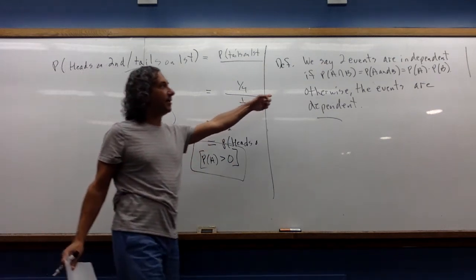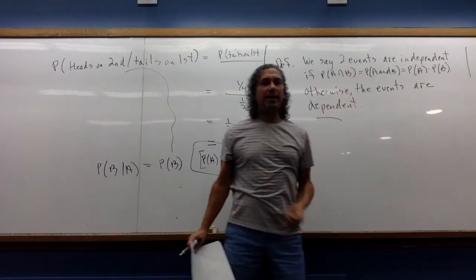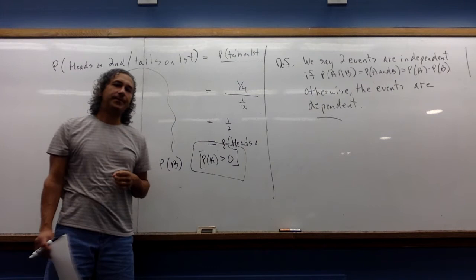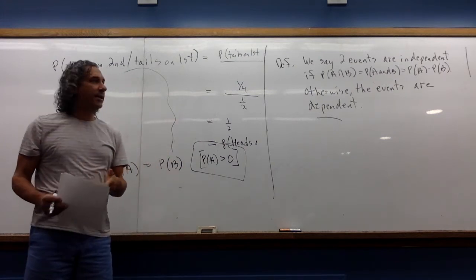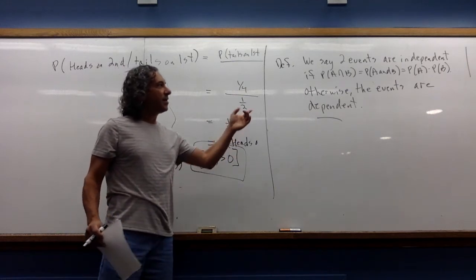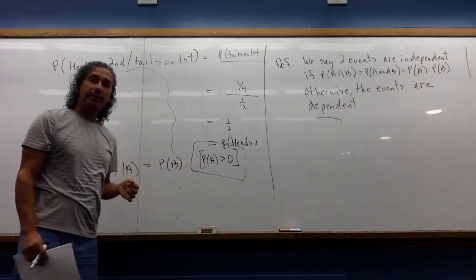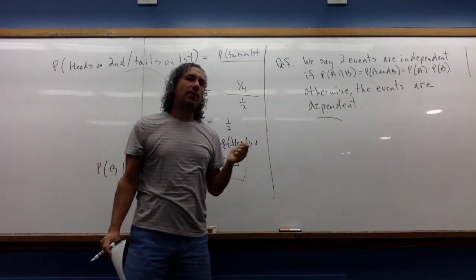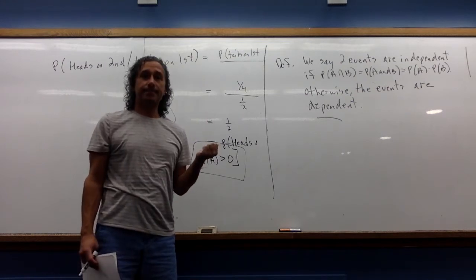I'm not saying that here. This is how I'm defining independent events, and it doesn't talk about the probability of A being greater than 0. The reason I'm bringing that up is that we're going to see later on that, because I'm not saying that the probability of A has to be bigger than 0, this is not exactly equal to our English understanding of the word independent.